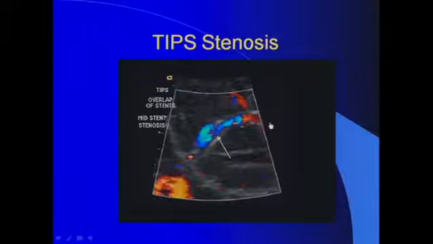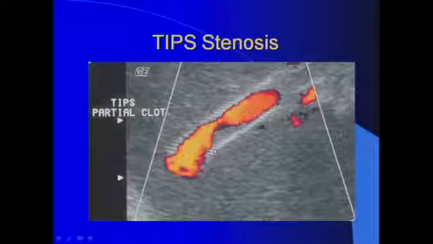This video clip shows a similar pattern of aliasing in the mid-stent with a narrowed part of the stent here, and this is also consistent with mid-stent stenosis. In other words, video clips, or real-time imaging, and spectral wave Doppler complement each other and help you make the right diagnosis about these stents in the liver.